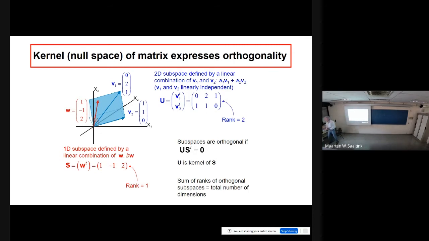Now another important thing is that if I have, in a 3-dimensional space, a 2-dimensional blue space, then I can have a 1-dimensional red space which is perpendicular. So it can be deduced that the dimensions of my blue space plus the dimensions of my red space is the total number of dimensions.